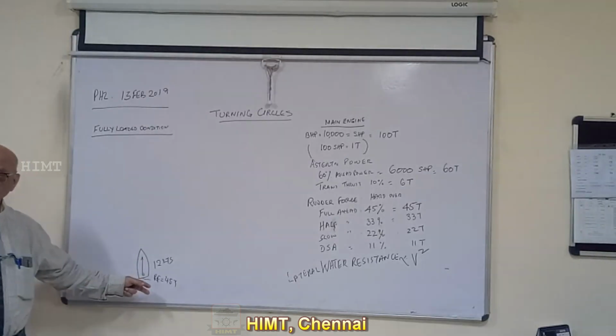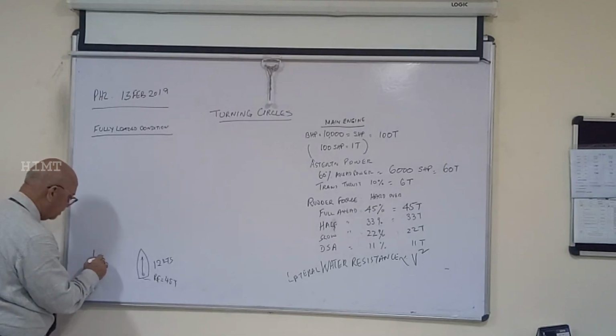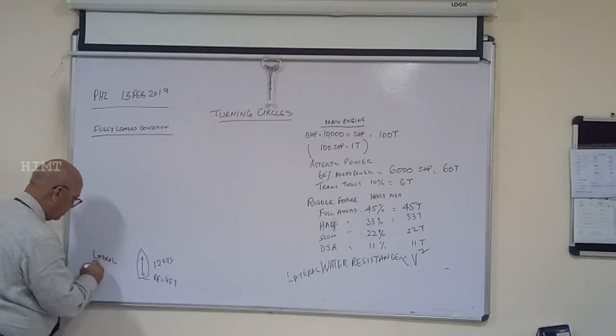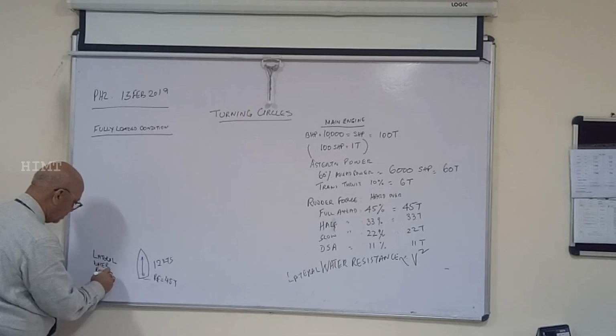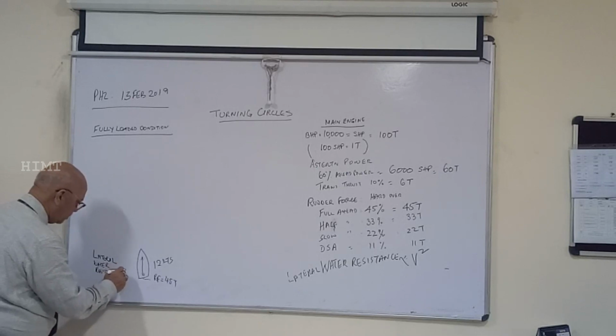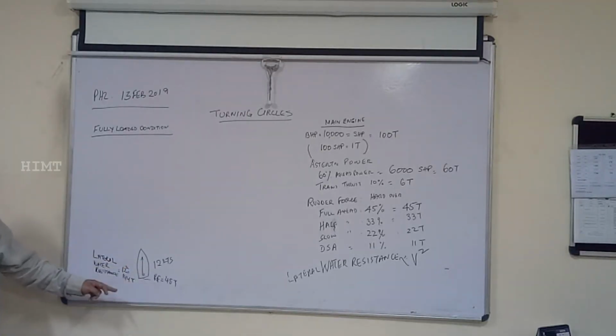This is the force which is trying to turn the ship, and there is a lateral water resistance, with 12 squared, speed is 12 knots, we will generate 144 tons of water resistance.